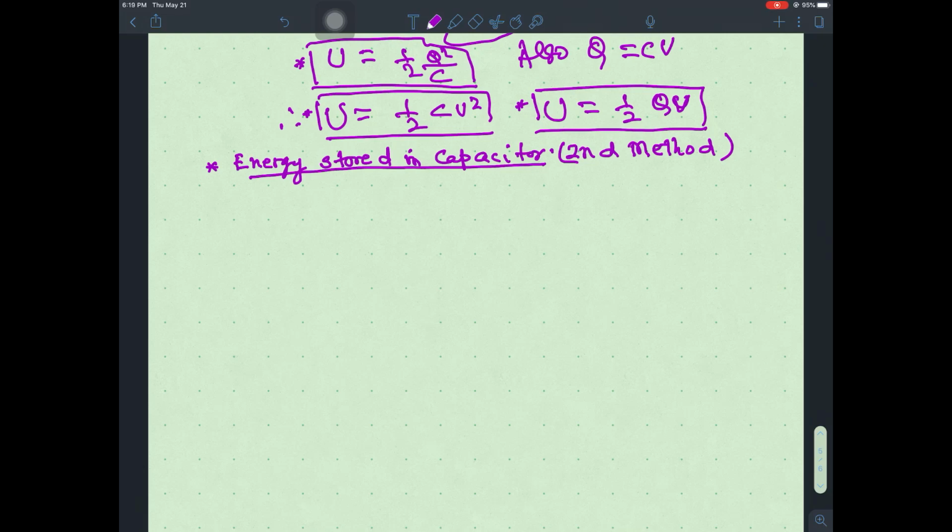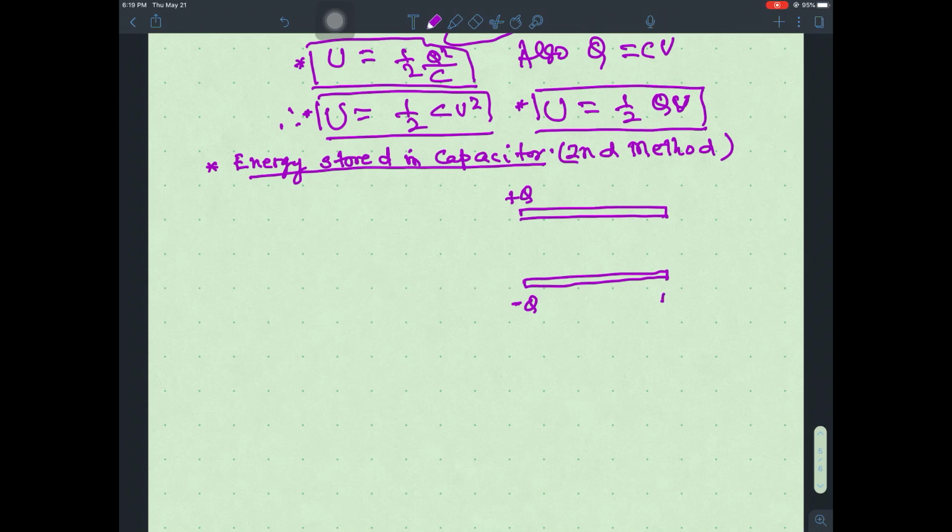So in this situation, let us suppose that there is a parallel plate capacitor. Two plates are here. One is given plus Q charge, and on the other is minus Q charge.